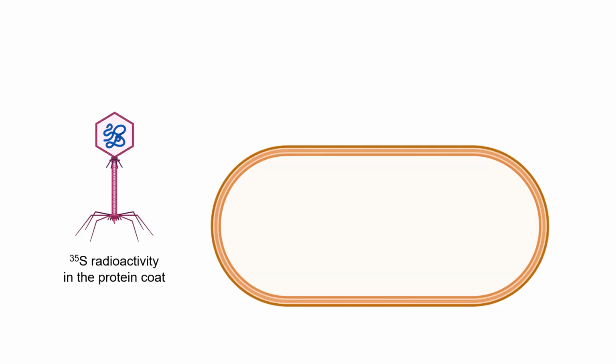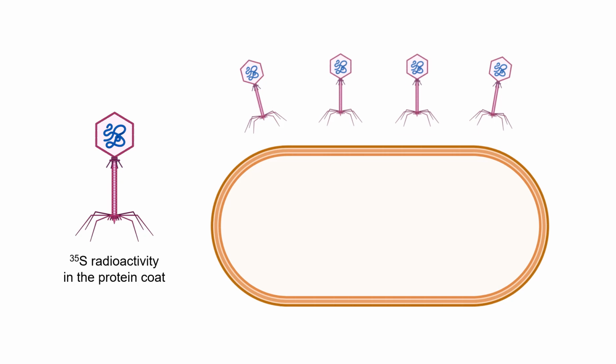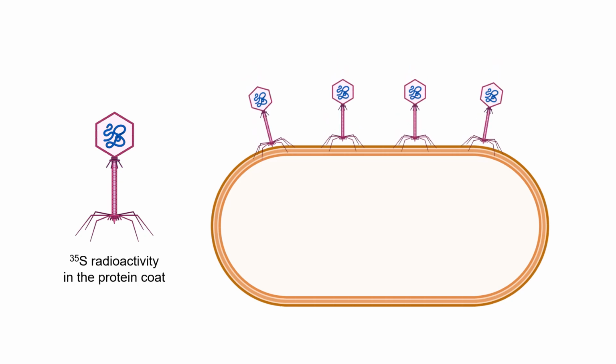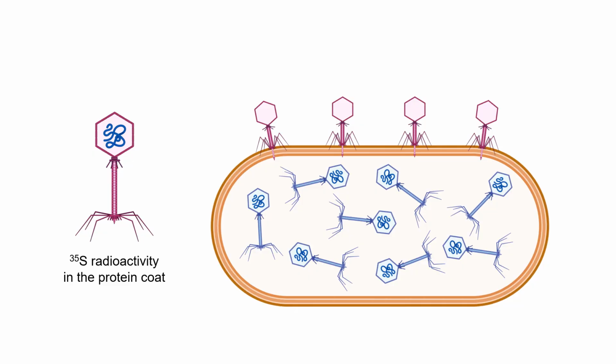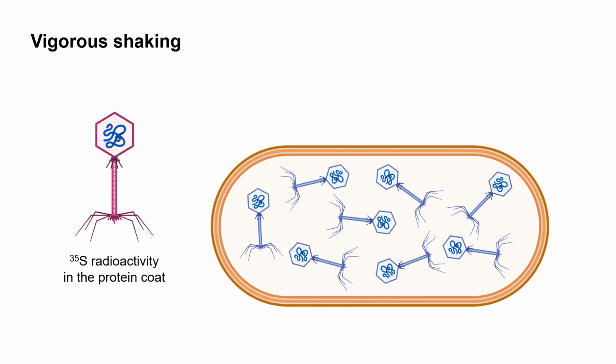The first experiment was done with a protein-labeled virus. First of all, the virus attaches on the surface of a bacteria, and they inject their DNA into the bacterial inside. Then many copies of a new virus are formed. Then after vigorous shaking, the surface-attached original virus was removed.